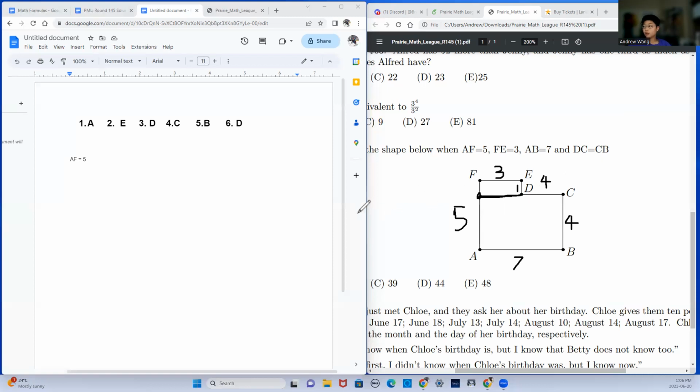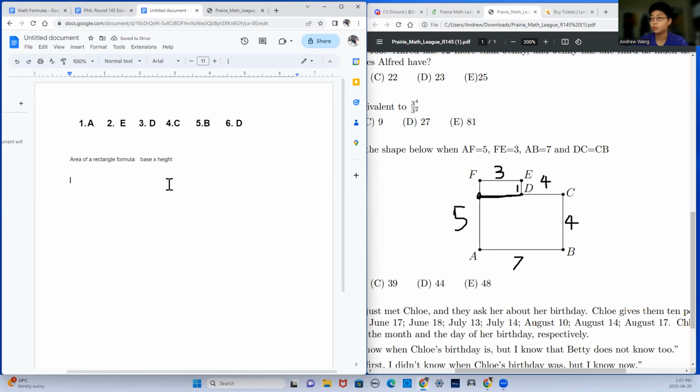So now that we know all the values, it should be pretty clear how to calculate the area for this figure. So we can do it by the 2 rectangles. And if you didn't know, the area of a rectangle formula is base times height. Just base times height.